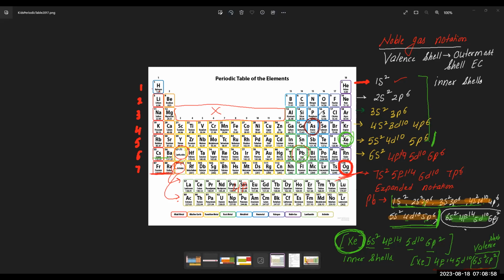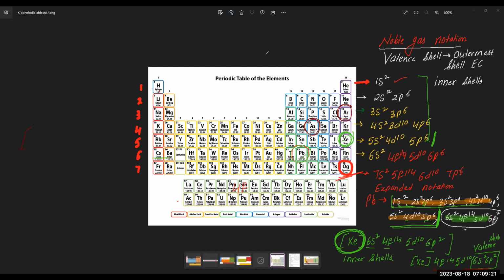So, ready for arsenic? Let's write down the electron configuration of arsenic. Noble gas notation, children. So, what is the noble gas before arsenic? Argon. There is no need of calculating, you just check. Which noble gas is before arsenic? Argon.